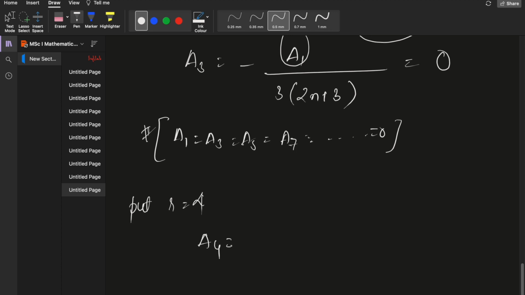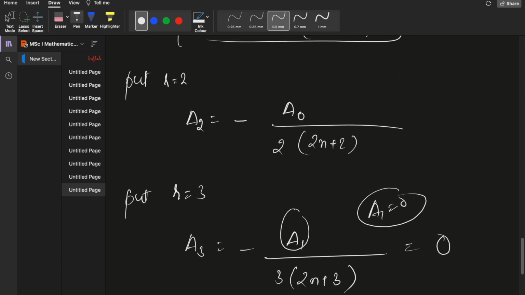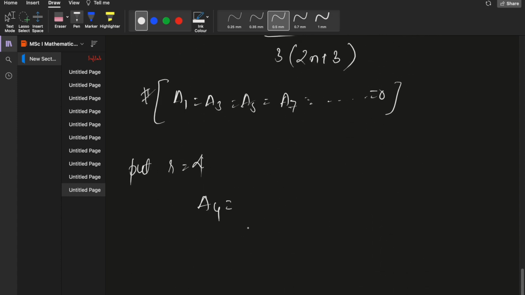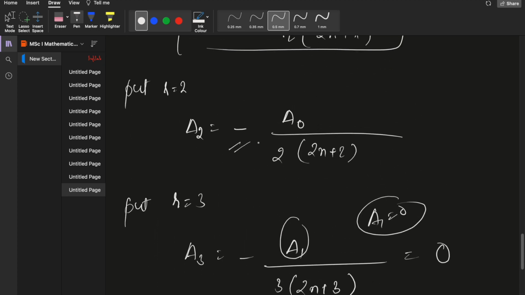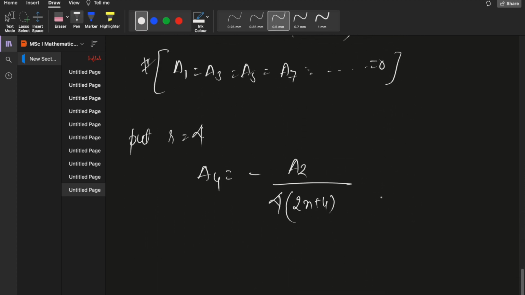So a4 is the generalized term, minus of a2 upon r is 4, 4 times 2n plus 4, and we know the value of a2. a2 is minus a0 upon 2 times 2n plus 2. So minus times minus gives plus, a0 upon 2 times 4 times 2n plus 2 times 2n plus 4. Good. So we can calculate further.